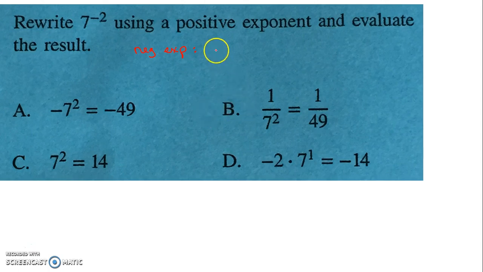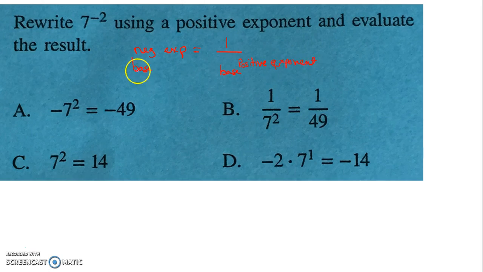So negative exponents, if we want to make them positive, we need to take that negative exponent and do 1 over whatever the base is. The base stays the same, but then you can change it to a positive exponent. So a base raised to a negative exponent is the same as 1 over the base with the exponent made positive.